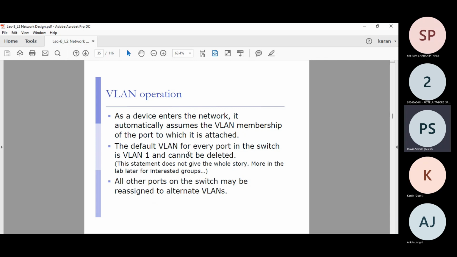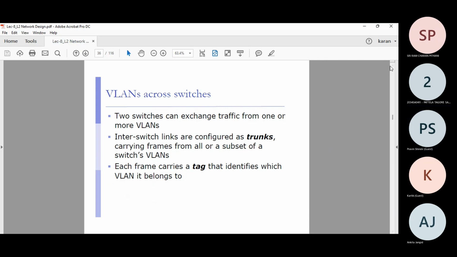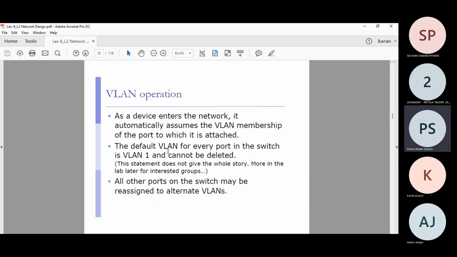I discussed this VLAN 1 concept. So the default VLAN for every port in the switch is VLAN 1 and cannot be deleted. Okay, so all other ports on the switch may be reassigned to alternate VLANs.